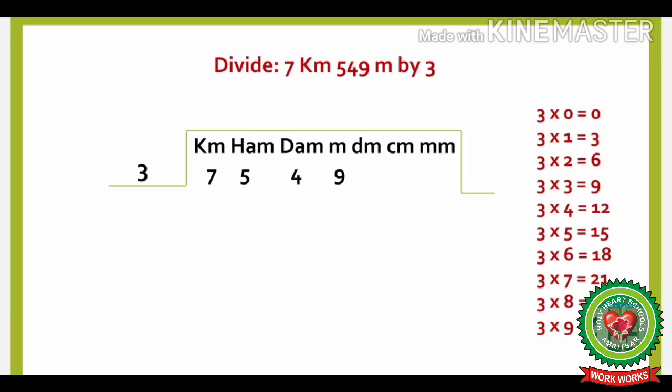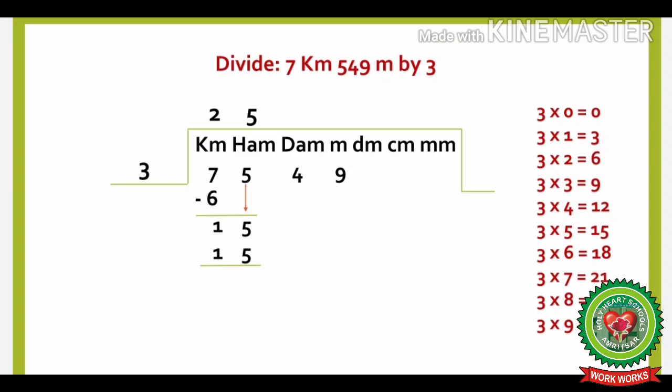Does 7 come in the table of 3 or not? No, 7 does not come in the table of 3. So we will take 3 2s are 6. So 2 we will write just above kilometer and 6 we will write just below 7.